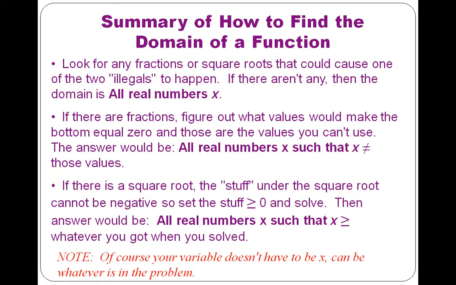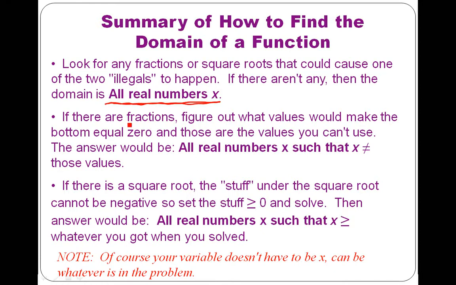Summary of how to find a domain. Look for any fractions or square roots that could cause one of the two illegals to happen. If there aren't any, then the domain is all real numbers. So this is important: if you do not encounter one of those two illegals, the answer is all real numbers. If there are fractions, figure out what values would make the bottom equal 0.